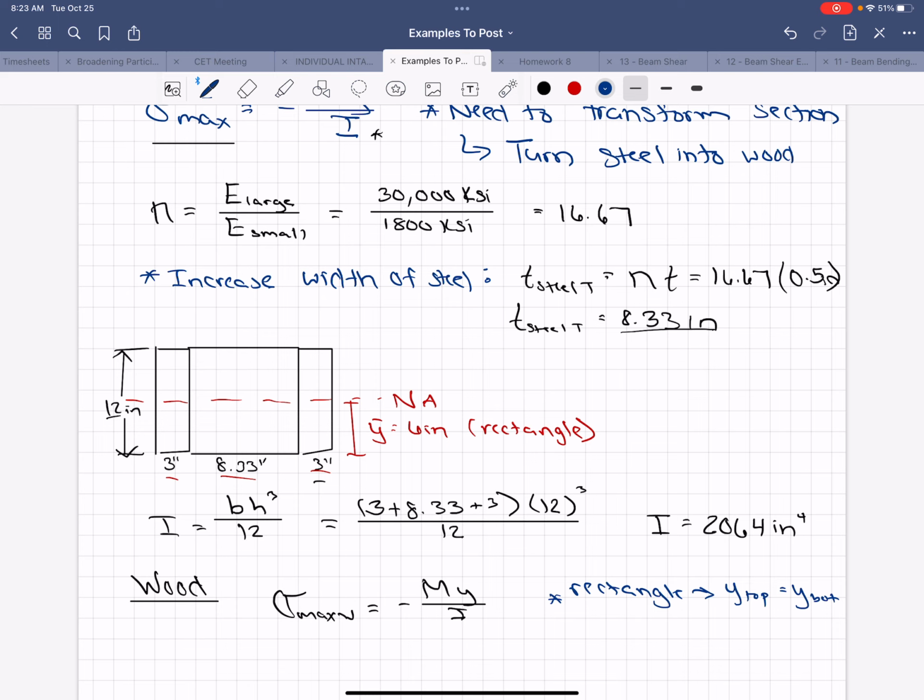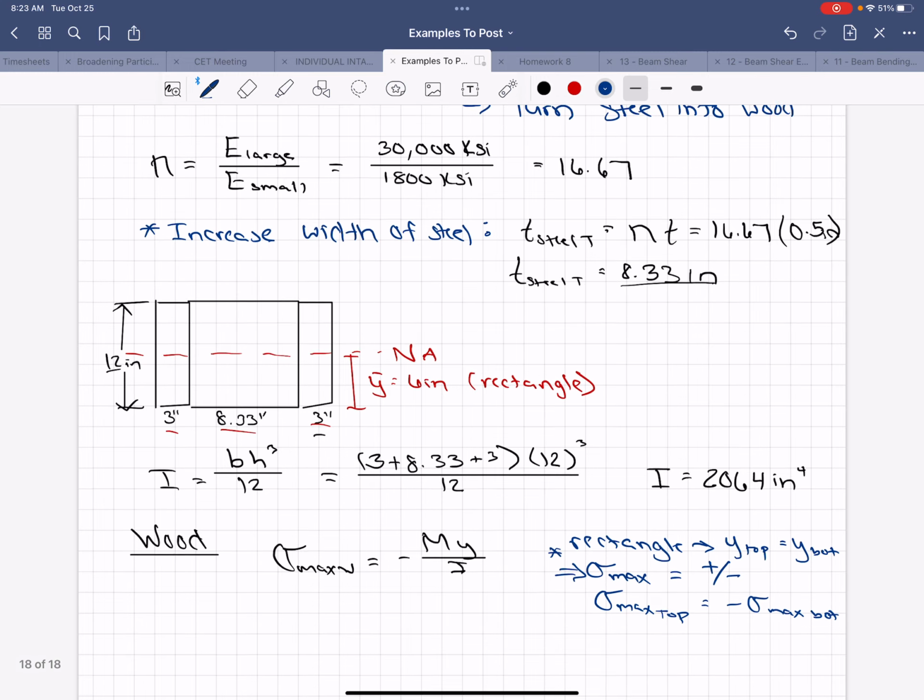So sigma max will be positive or negative. So sigma max at the top equals the negative of sigma max at the bottom.